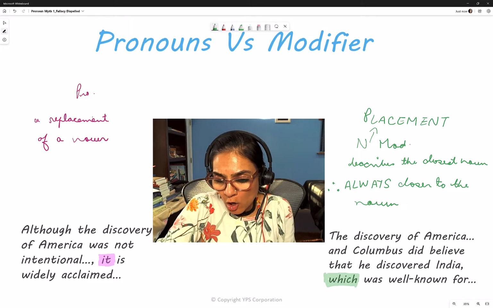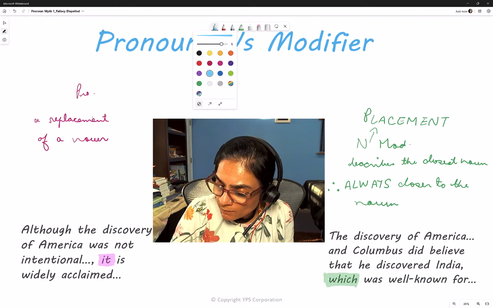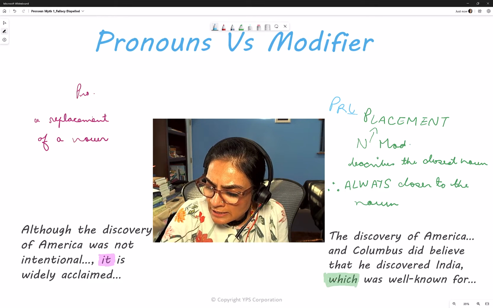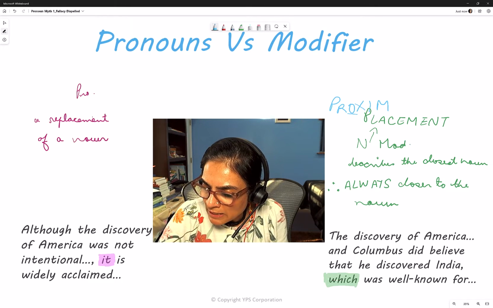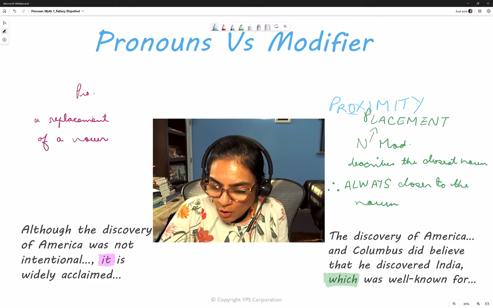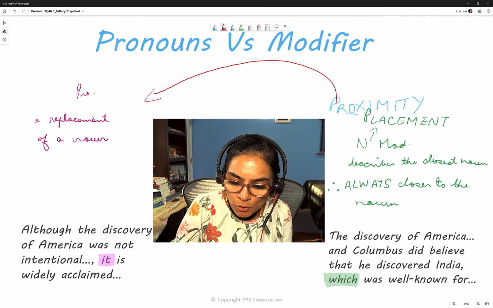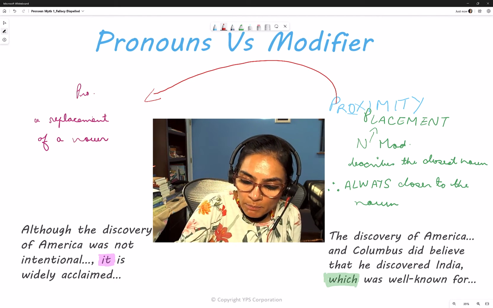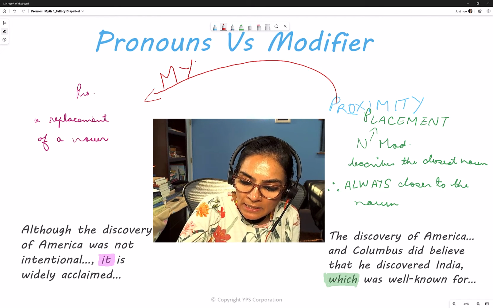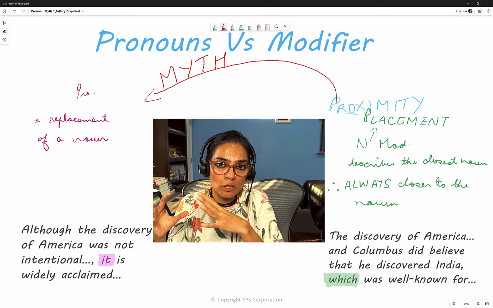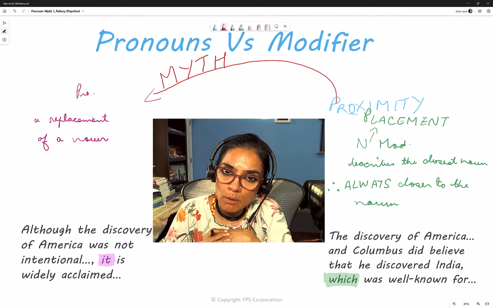And we can call it the proximity rule. This proximity rule, for some reason, has been exported or transferred to the usage of pronoun also, giving birth to this myth that the antecedent must stay closer to its pronoun.